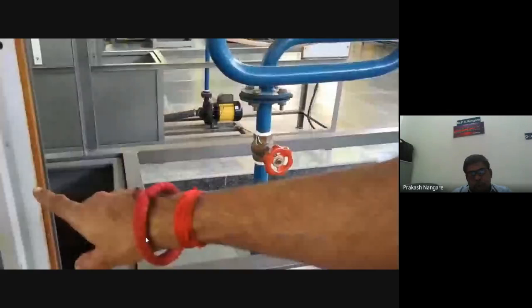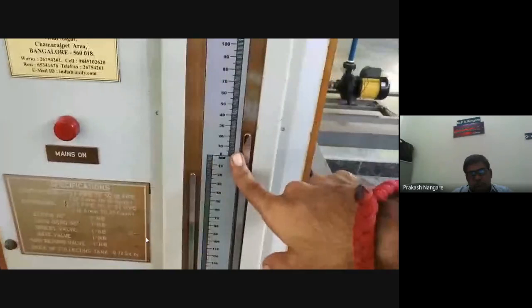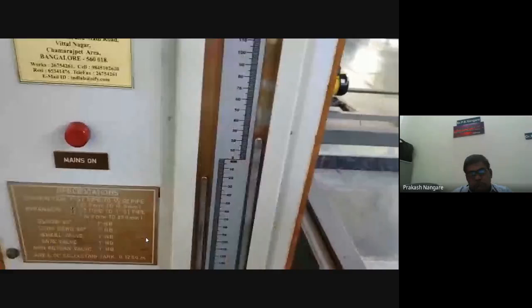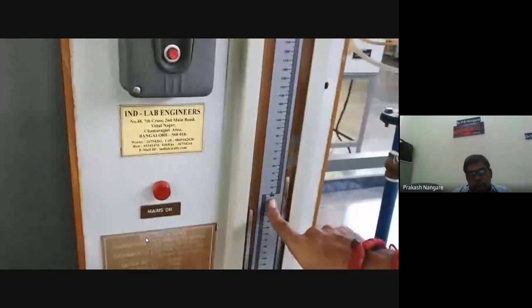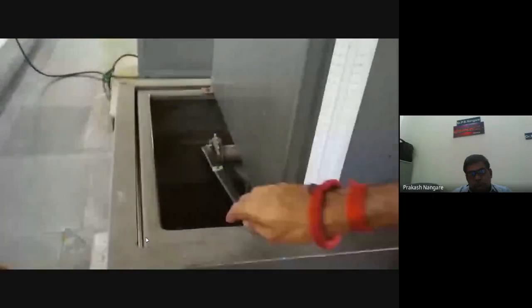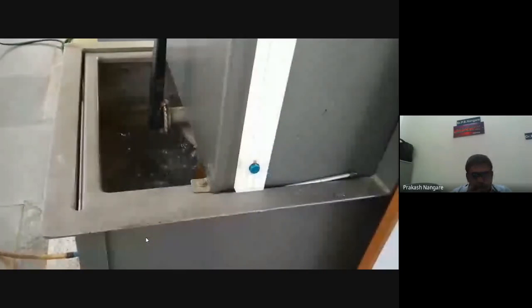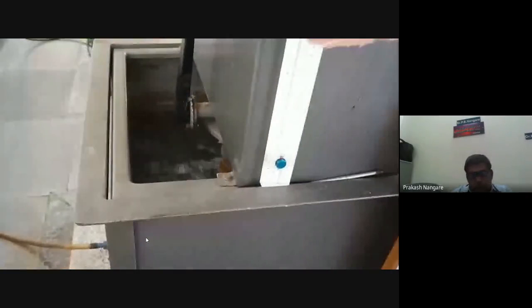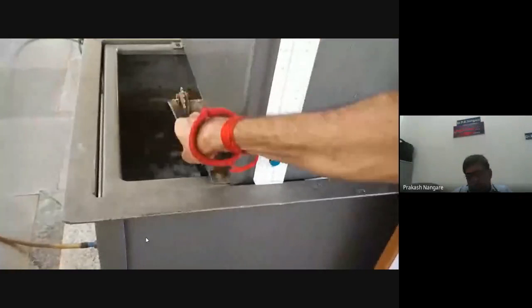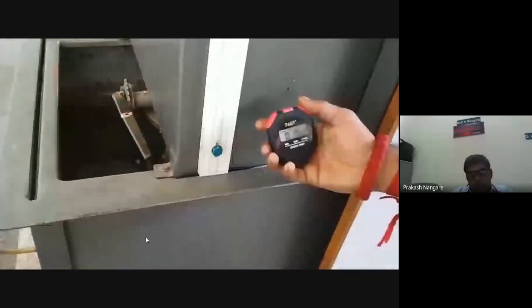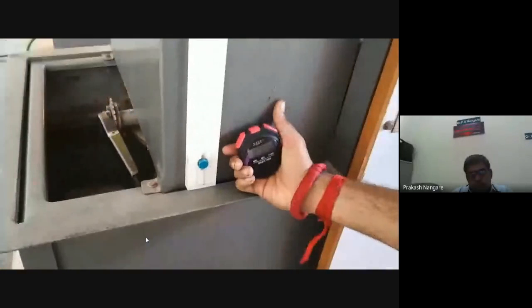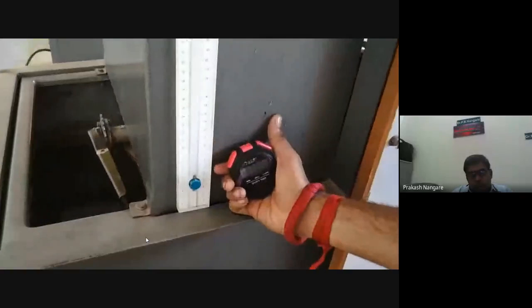Now again you will get a different value for the manometer. Take down the reading here. Again the same procedure. You have to open the butterfly valve and again take the reading for a 10 centimeter increment of water.